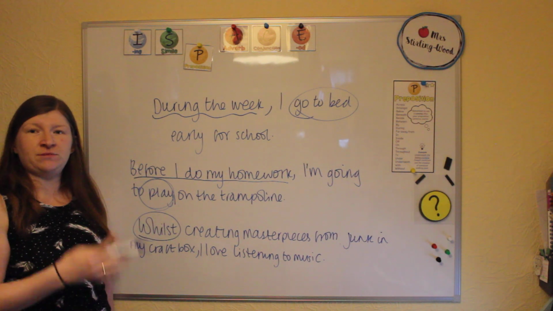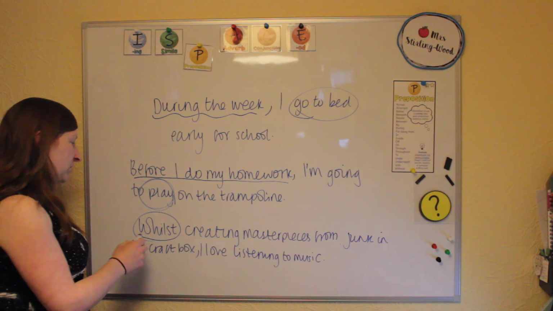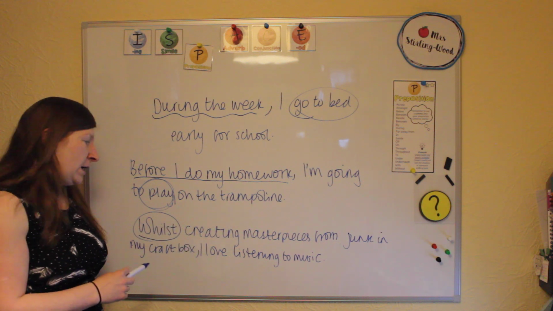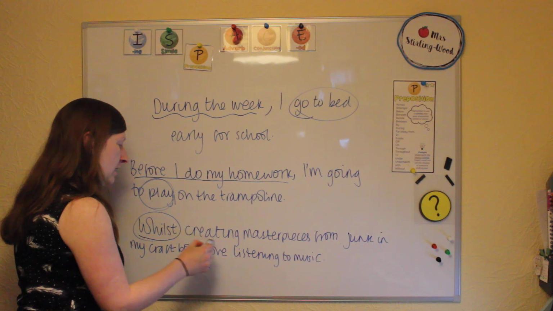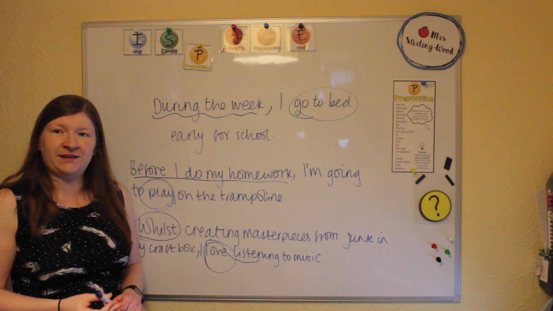Whilst tells me it's at the same time, two actions are happening at the same time. So when I'm making my masterpieces out of the stuff in my craft box, I am loving doing this action. I am loving listening to music.